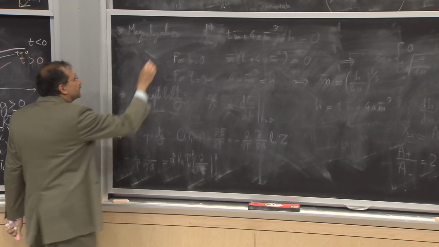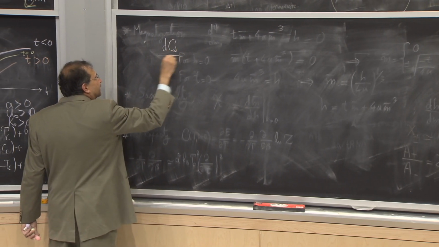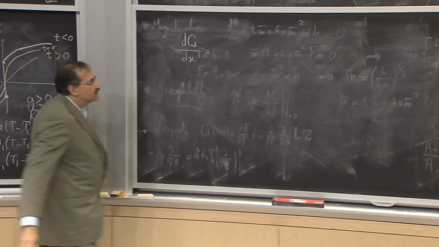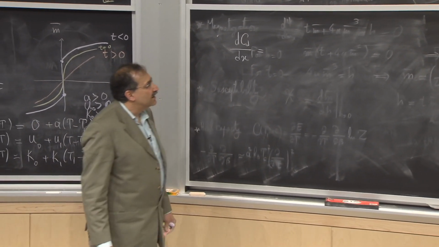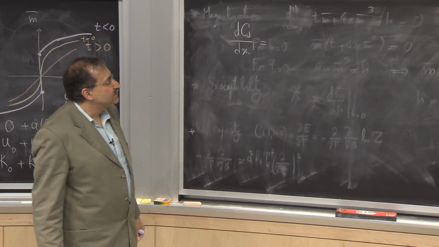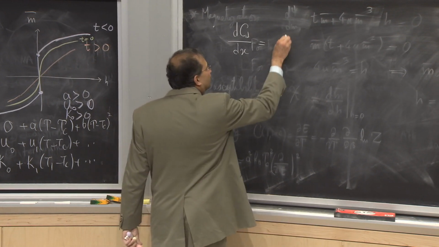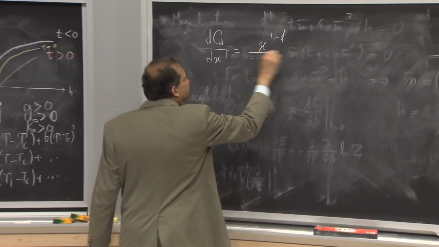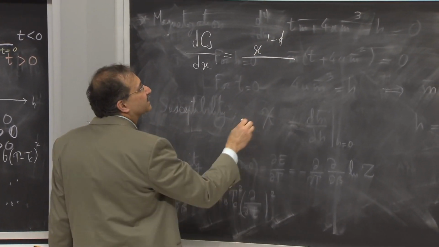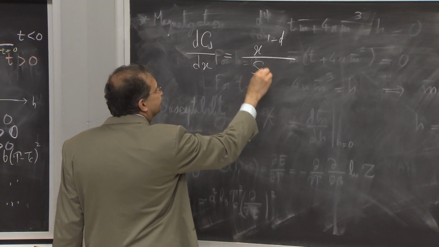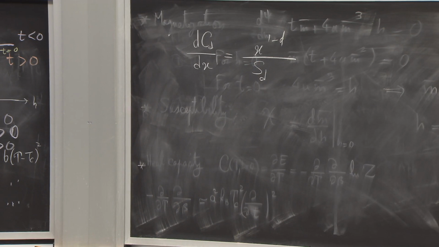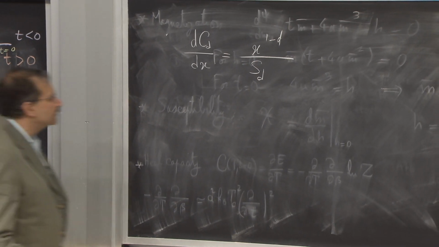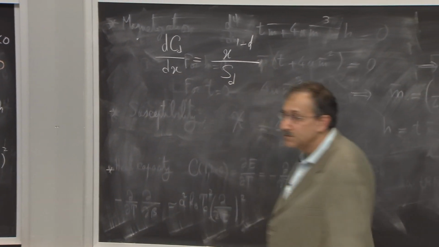So the magnitude of this derivative, dC by dx, following from that, is simply 1 divided by x to the d minus 1, or x to the 1 minus d, divided by S_d. Okay, so this is generalizing how you would calculate Gauss's law in 3 dimensions.